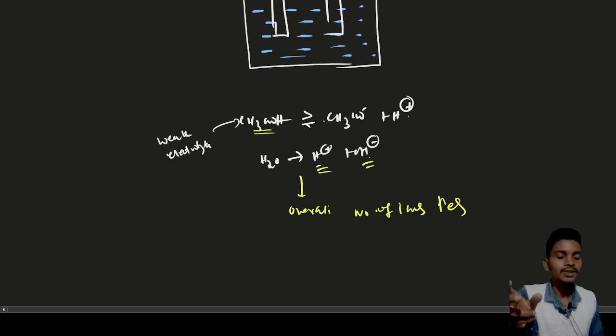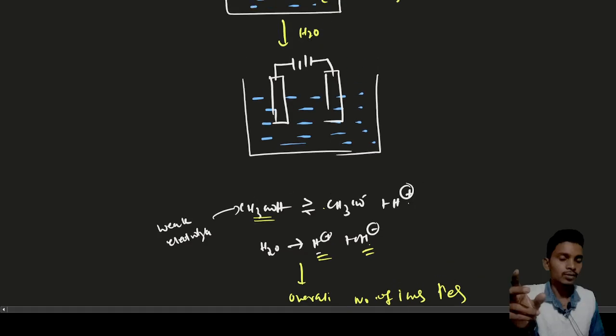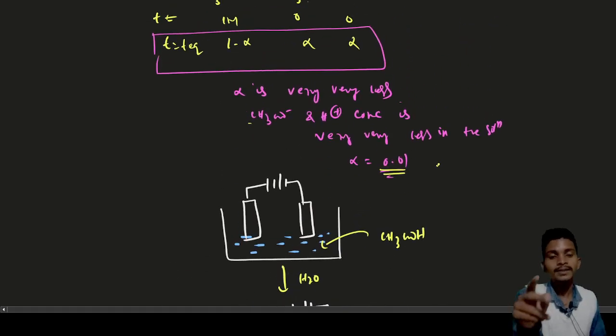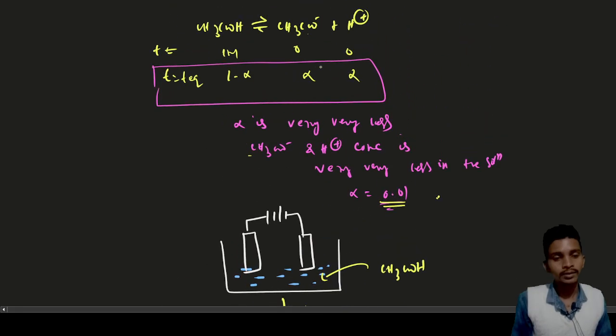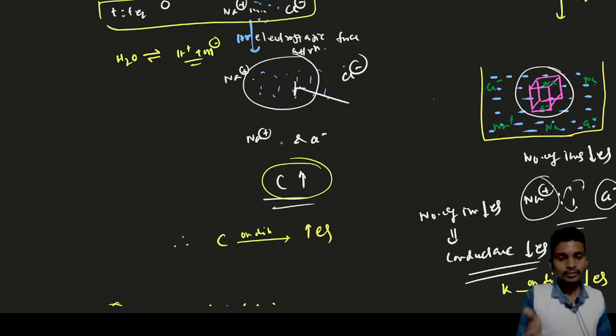So if the number of ions increases, then the conductance increases by a huge amount. But for strong electrolytes, NaCl is already completely dissociated, so it already has good conductance.